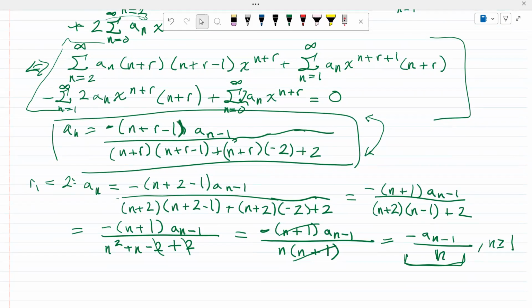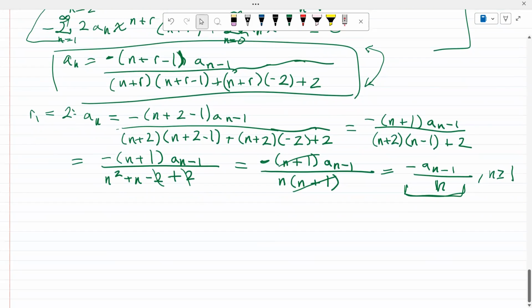So if we let a naught be equal to 0, then I'm just double checking that this is right. Wait, is this right? I believe it's supposed to be a naught is equal to 1.